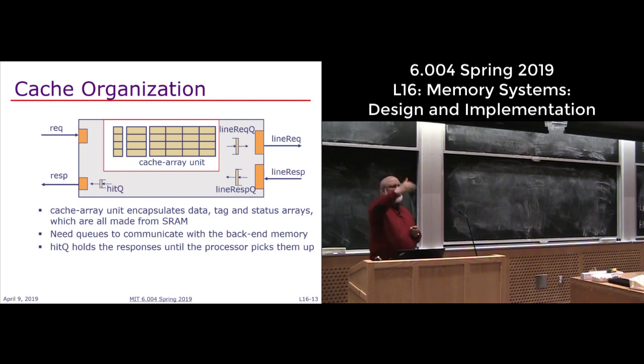But I'm ready to look at the next request if I want. So that's why there is this hit queue. We are done processing it; by we, I mean the memory is done processing it. It has the answer, but it will only disappear once the processor takes it. So you're providing some internal storage to hold the responses you have already generated.